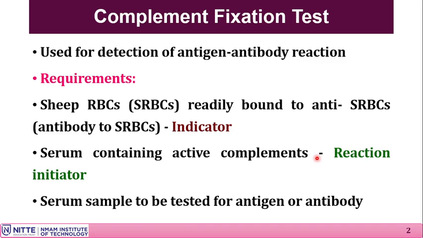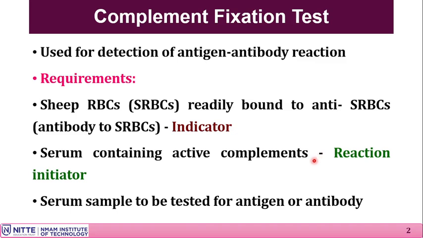The antibodies produced against the sheep RBCs can be purified and added to the sheep RBCs. Thereby, they react with the antigen of the sheep RBCs, remain attached to it, and are used as an indicator. So, sheep RBCs readily bound with anti-sheep RBC is used as an indicator in this test.